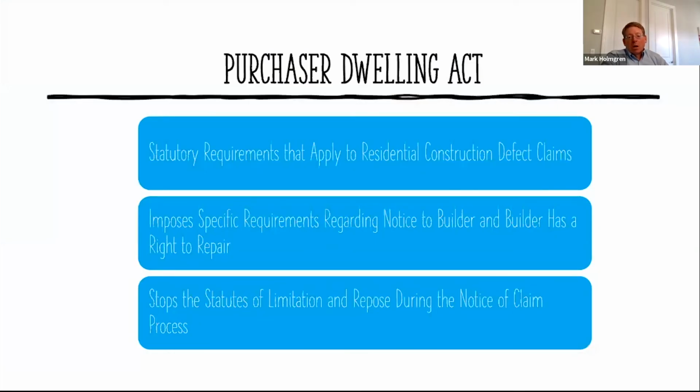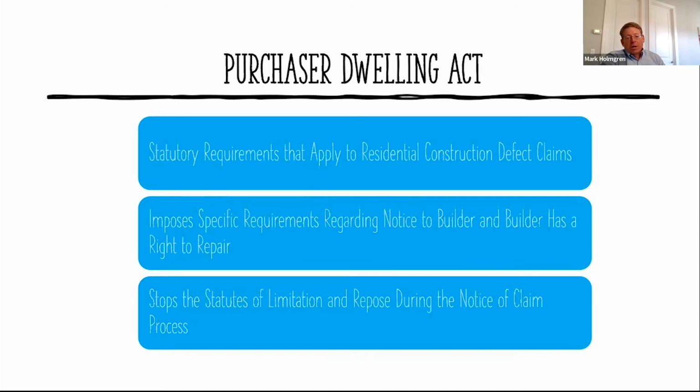There's also Arizona law that figures into these things. This is what I mentioned offhandedly earlier, the Purchaser Dwelling Act. This is the statutory regime that gives builders the right to notice and an opportunity to repair before a homeowner or an HOA files a lawsuit or arbitration, maybe.